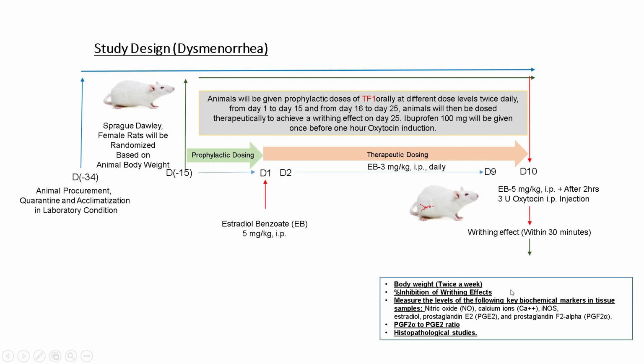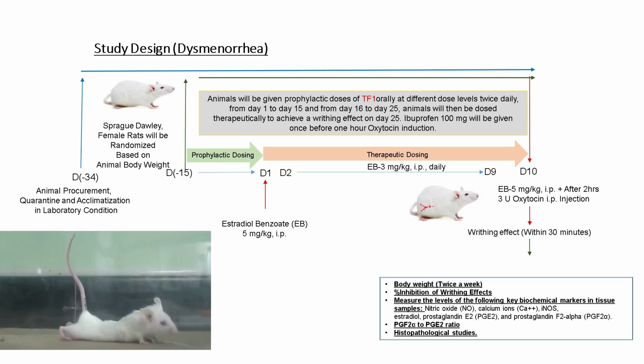Here in the writhing effect, in normal control when you induce oxytocin, it will not show any writhing. In the disease condition, when you induce oxytocin, because the estradiol benzoate has damaged the endometrium of the uterus, the oxytocin will produce a writhing effect, meaning severe contractions in the uterus.